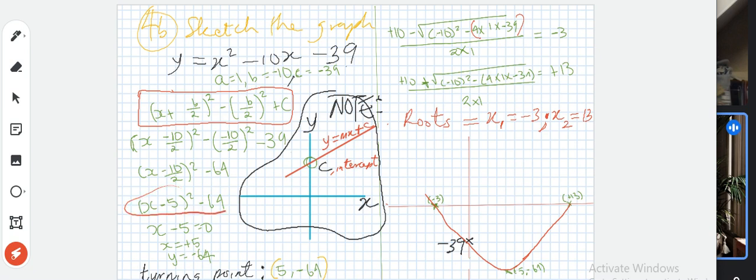Okay, so this is the way it will look by completing the square. When you have it in the form, open a bracket, x minus a particular value, close the bracket, squared, then minus a constant, you can now tell the turning point. How do you identify the turning point?